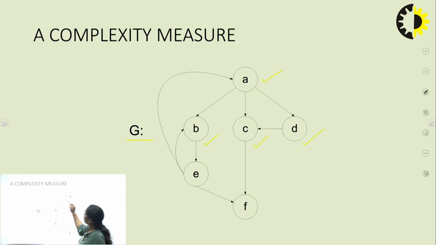Once we move to B, then B will move to C only, E, and E either moves back to B or moves back to A. That will be the back condition which takes it to the initial state, or it will come to the end of the program. This is the end of the program. This is the start of the program.